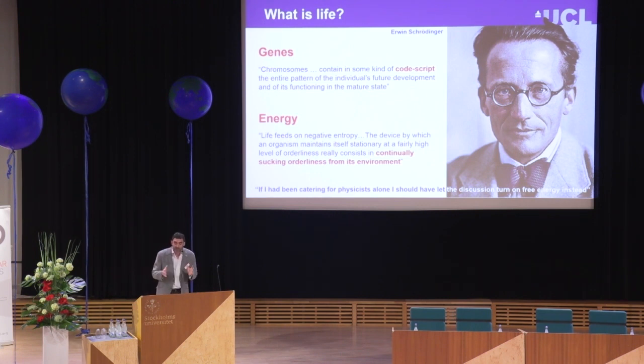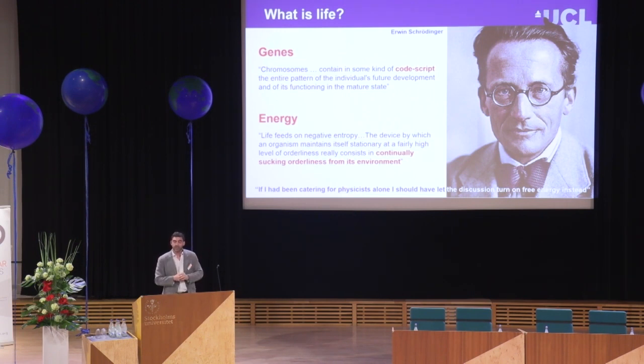This was framed most compellingly, perhaps, by Erwin Schrödinger in a famous book, which was 75 years ago this year, called What is Life? And really there were 2 themes in that book. One was about genes and information. He was the first person to talk about a code script. He was really the first person to see biology in terms of information and encryption, in terms of codes.